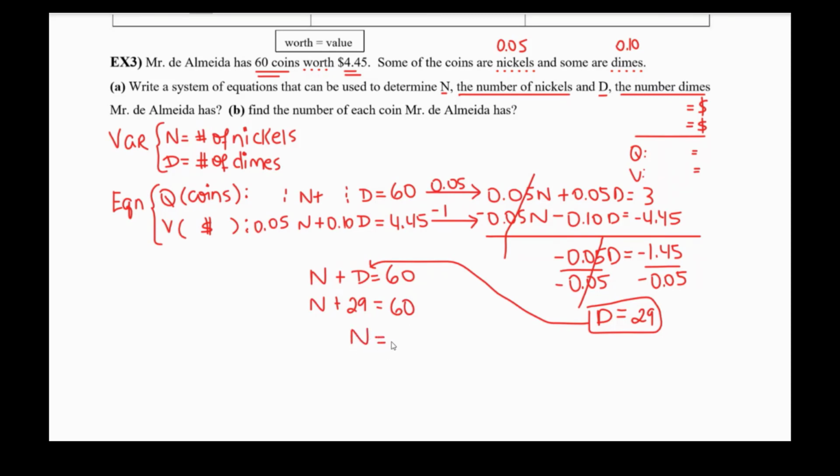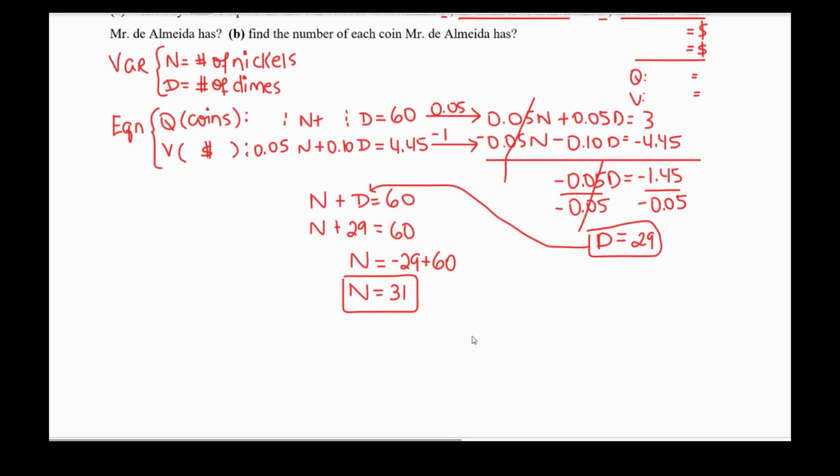So this will be n equals negative 29 plus 60, which is 31. And there we go. So we found out that the total number of nickels is 31 and the total number of dimes is 29. So that concludes our 3 examples.